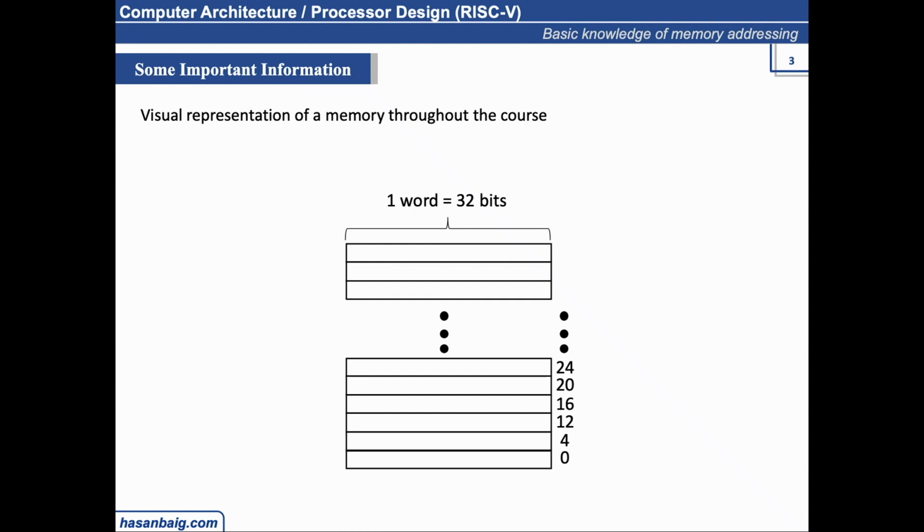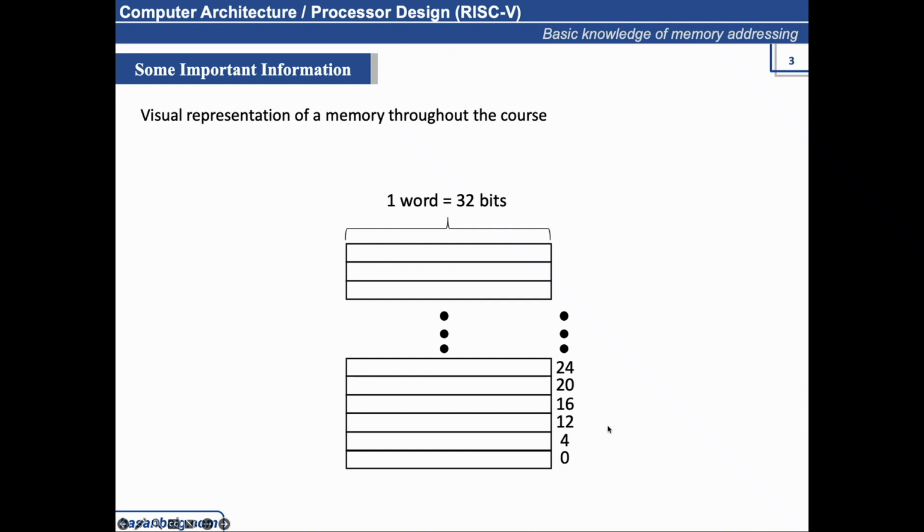So this corresponds to the entire word, the 0th word. Every location is considered as a word. So the next word starts from address 4, and it contains the 4th byte, 5th byte, 6th byte, and 7th byte. And the next should come 8.